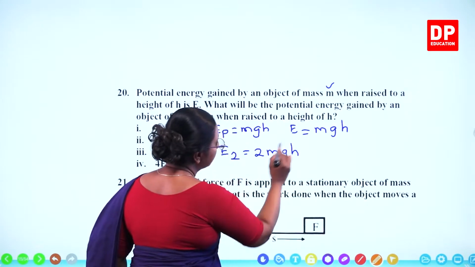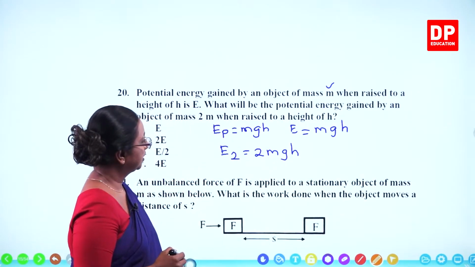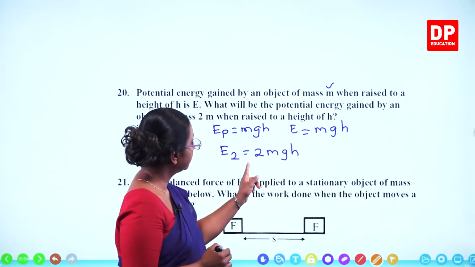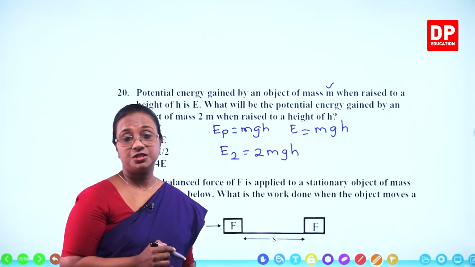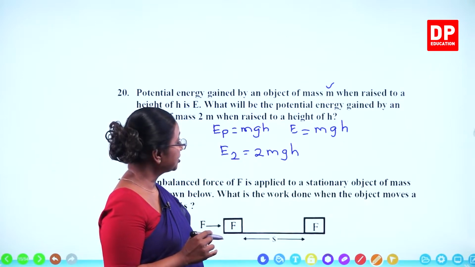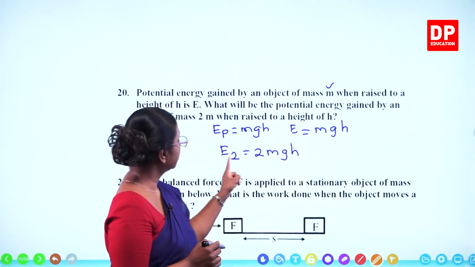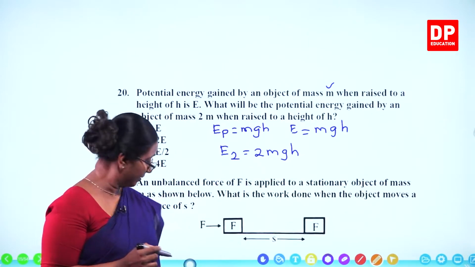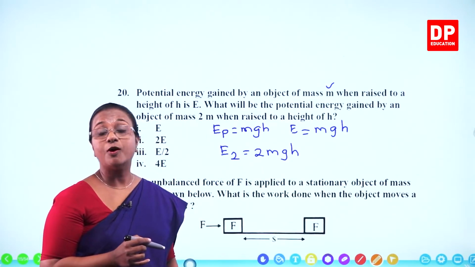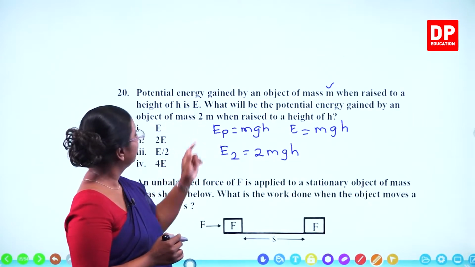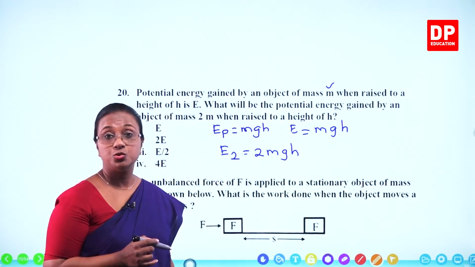Now can you all see the relationship here? This is mgh, this is 2mgh. So what is the relationship? If mgh is E, 2mgh should be 2E. That will be the value of the potential energy when the object has a mass 2m.